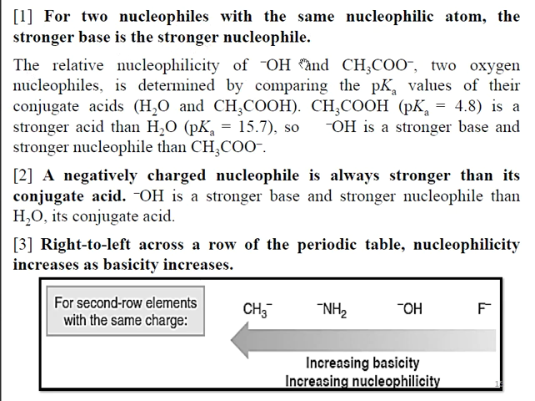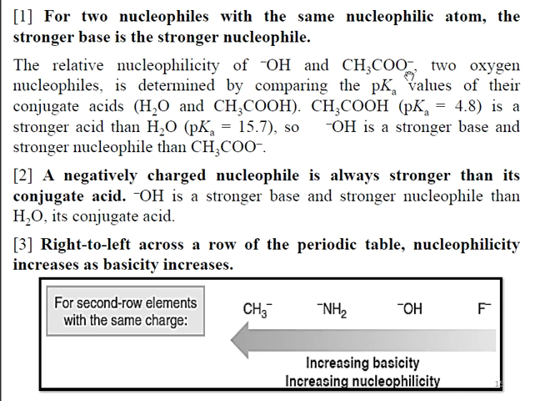Look, if you have OH minus and CH3COO minus, this nucleophile has O minus and this one also has O minus, the same nucleophilic atom. The stronger base is the stronger nucleophile. Whichever is less stable will be the strong base.